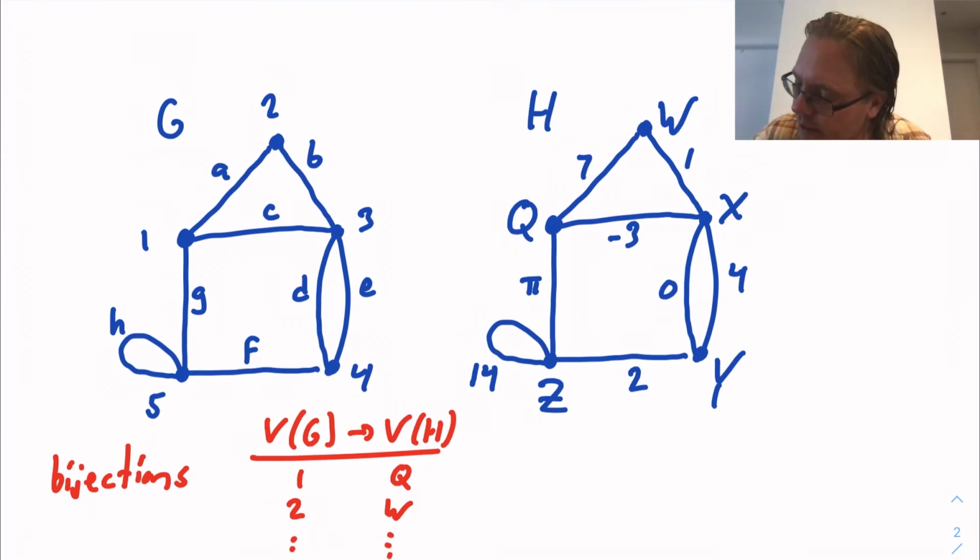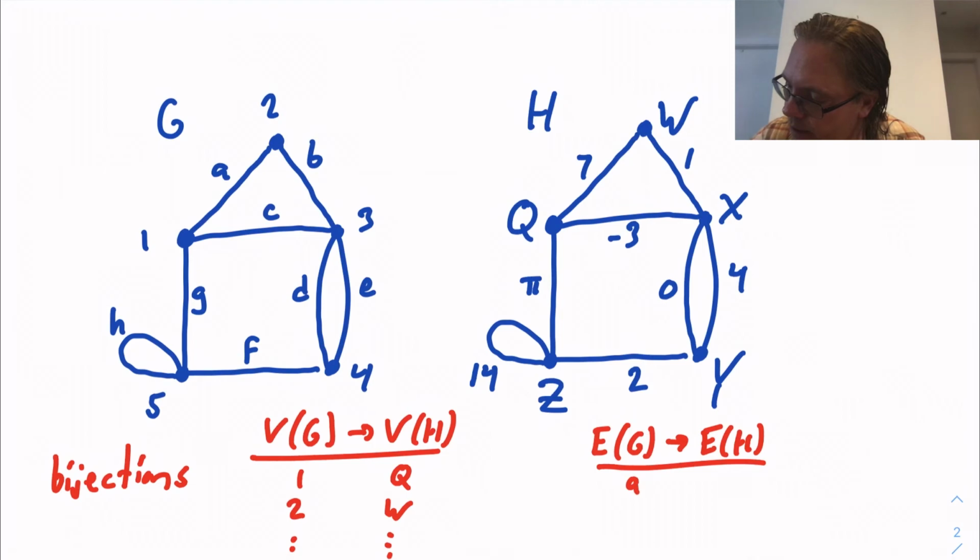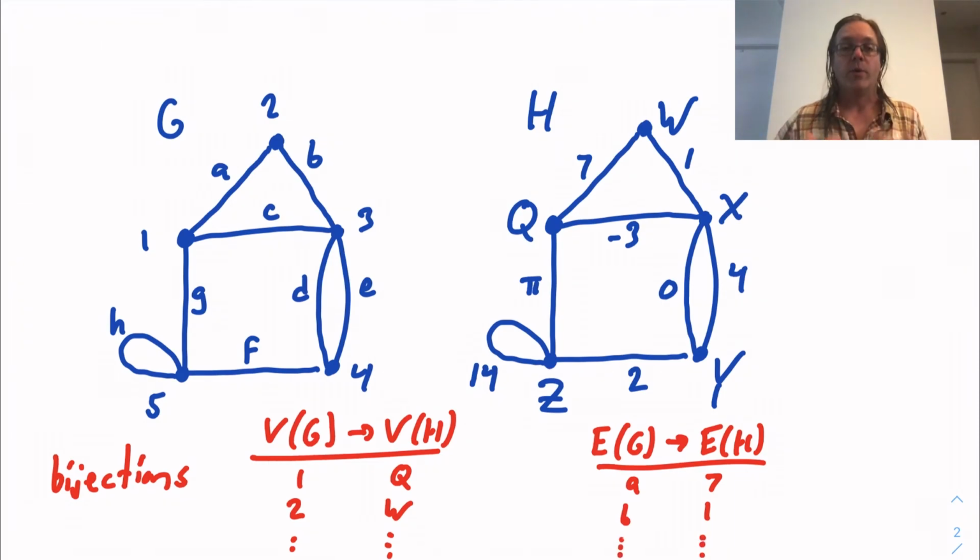And similarly, you would have a bijection from the edges of G to the edges of H, and that would send edge A to edge 7, and it would send B to 1, and so on.